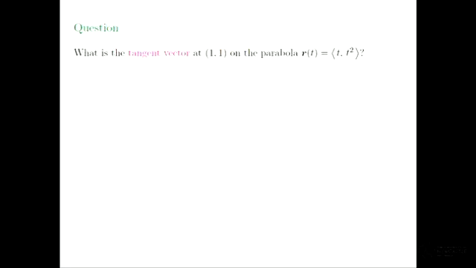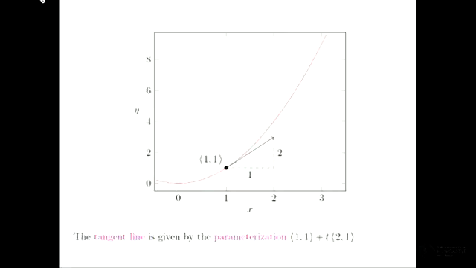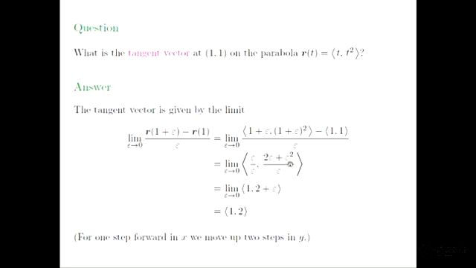Okay, so what is the tangent vector at (1, 1) on the parabola r(t) = (t, t squared)? Well, this is easy. We just follow the definition. The tangent vector is given by the limit of r(1 plus epsilon) minus r(1), over epsilon. That's just the definition. We just apply this limit individually to these components. So what do I have here? Well, r at 1 is (1, 1).